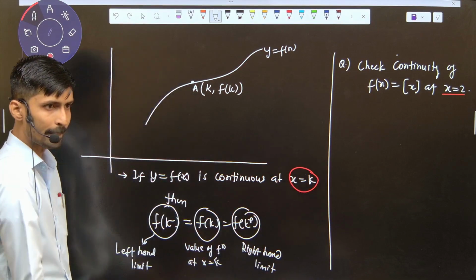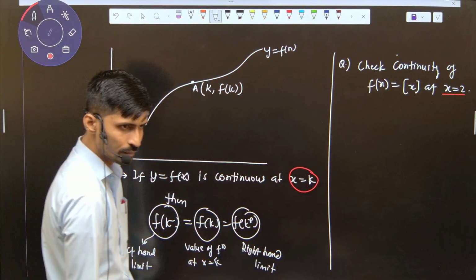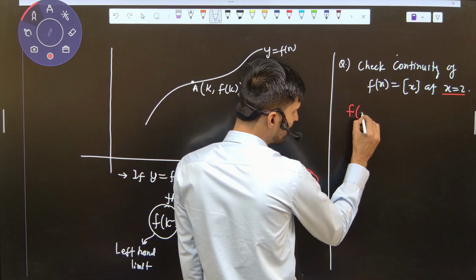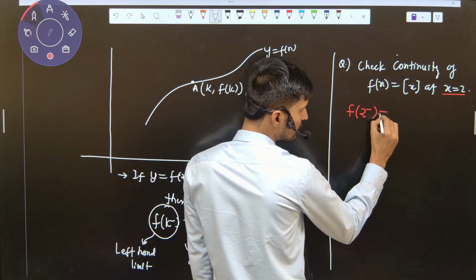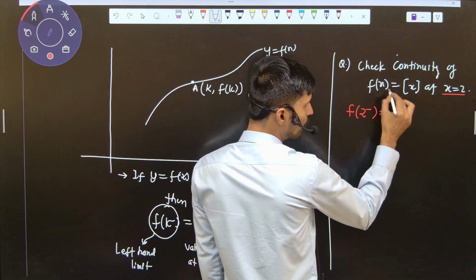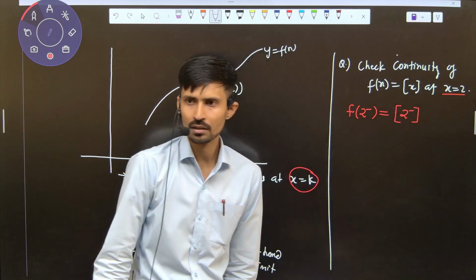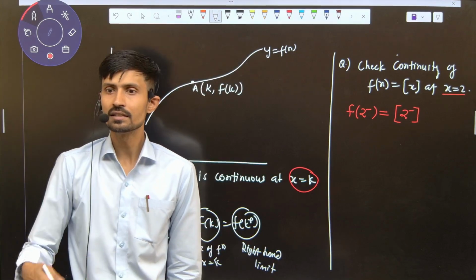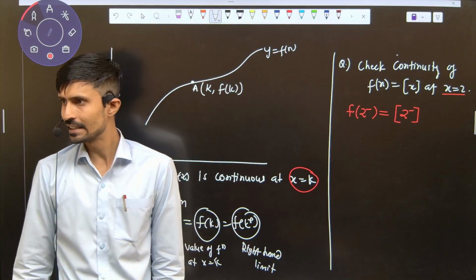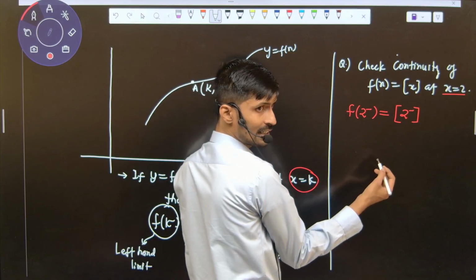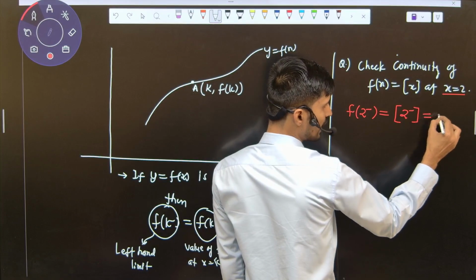Okay. So first of all, I will find f of 2 minus. So f of 2 minus will be greatest integer 2 minus. 2 minus means 1.9999999999. So what will be the greatest integer of 1.999999? This value will be 1.